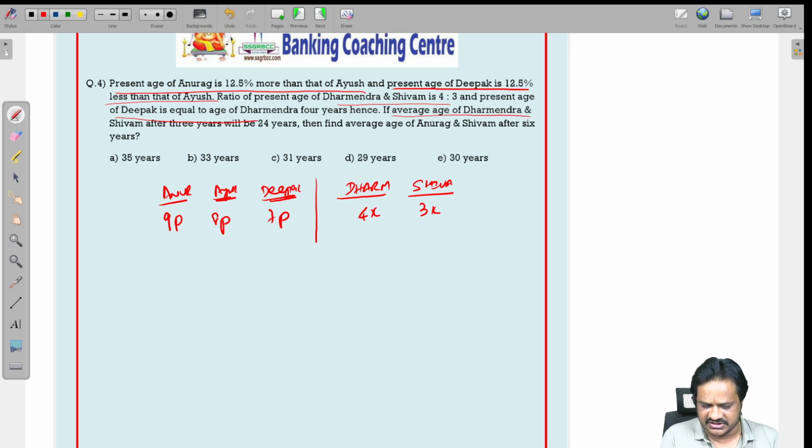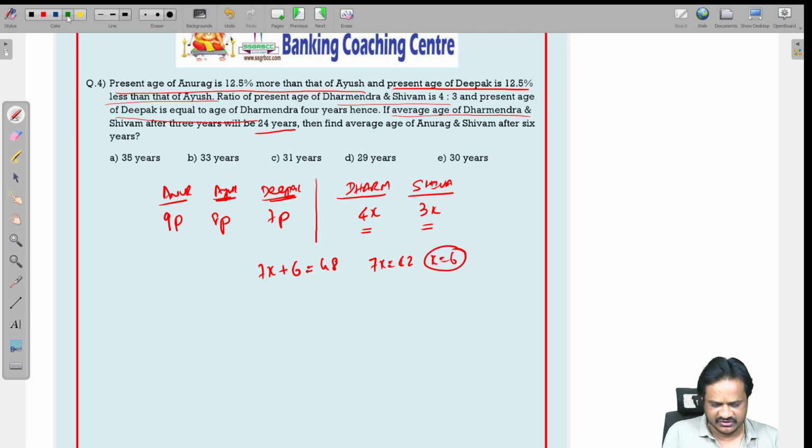If the average age of Dharmendra and Shivam after 3 years is 24, their total present age will be 7x. After 3 years, 3 years for Dharmendra and 3 years for Shivam, so it will be 7x plus 6. Average 24 means total 48. Therefore 7x equal to 42, x value 6.